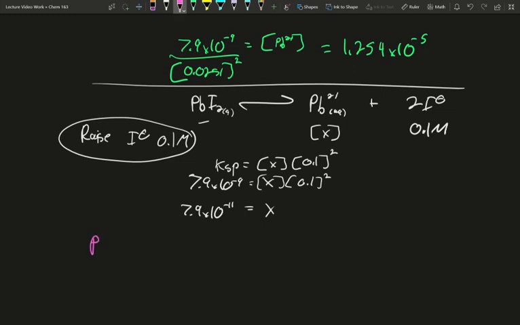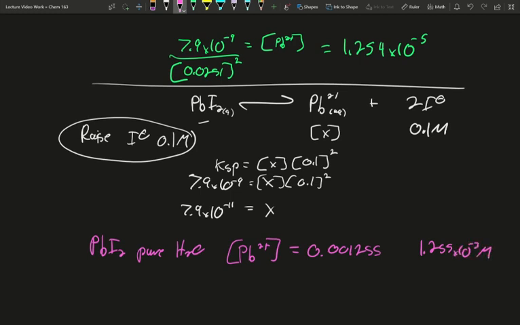When we had just lead iodide in pure water, our actual free lead concentration was equal to 0.001255, or 1.255 times 10 to the minus 3 molar.